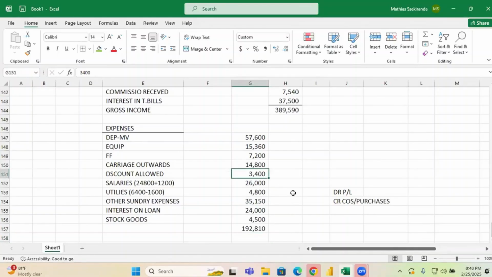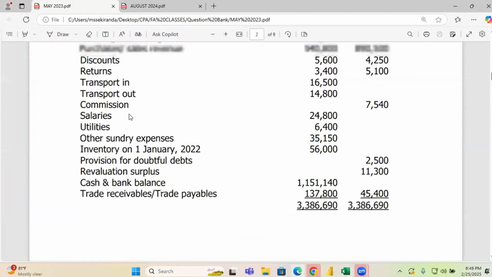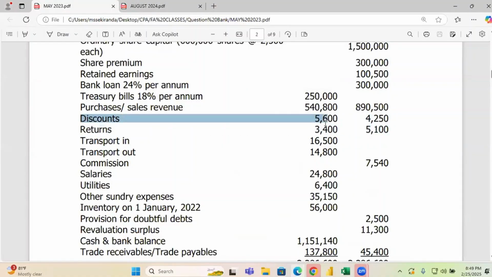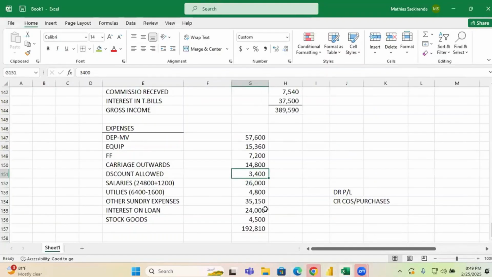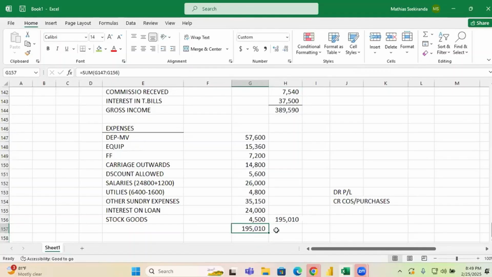It seems I took a wrong figure. Guys, discount allowed should be 5,600. I took a wrong figure. I had taken returns. 5,600 is the discount allowed, not 3,400. So our total expenses are 195,010.